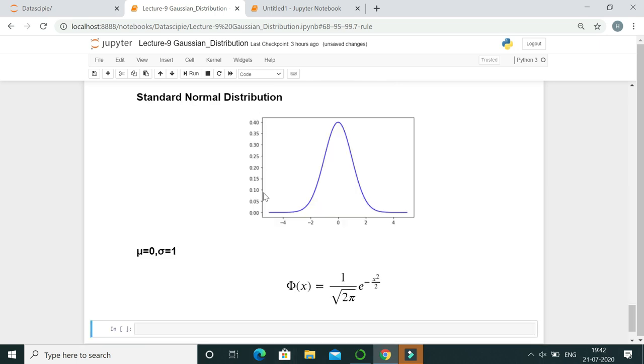Okay. Next, standard normal distribution. We know that for the standard normal distribution, the mean is 0 and the standard deviation is 1. So we would cross tally our equation.